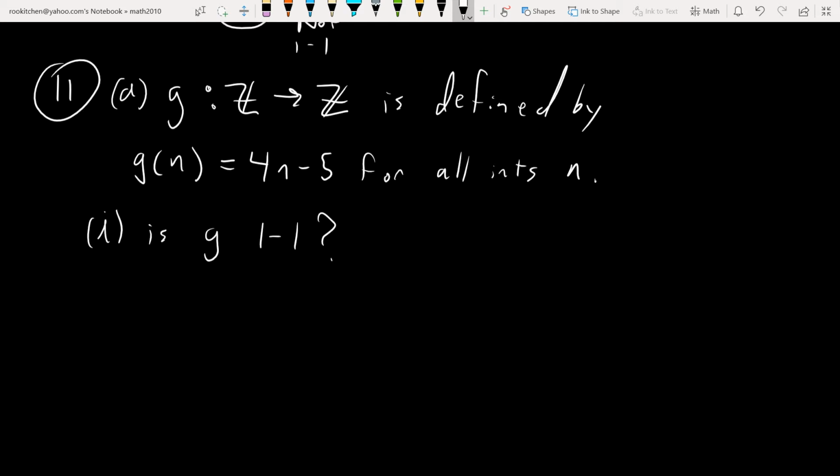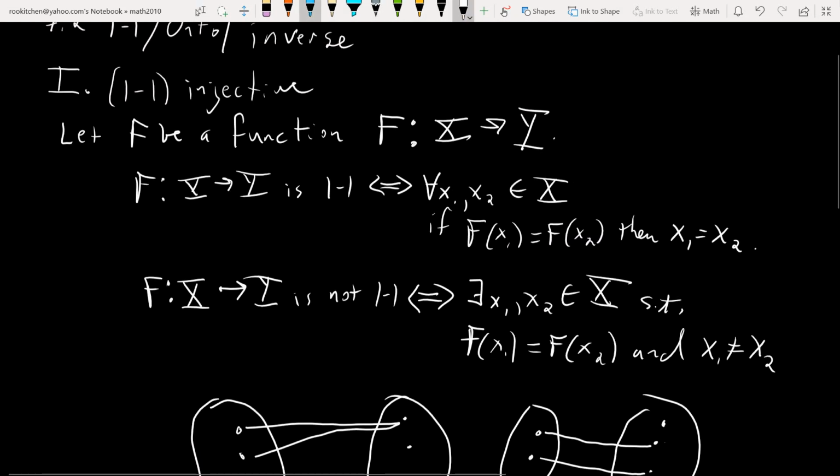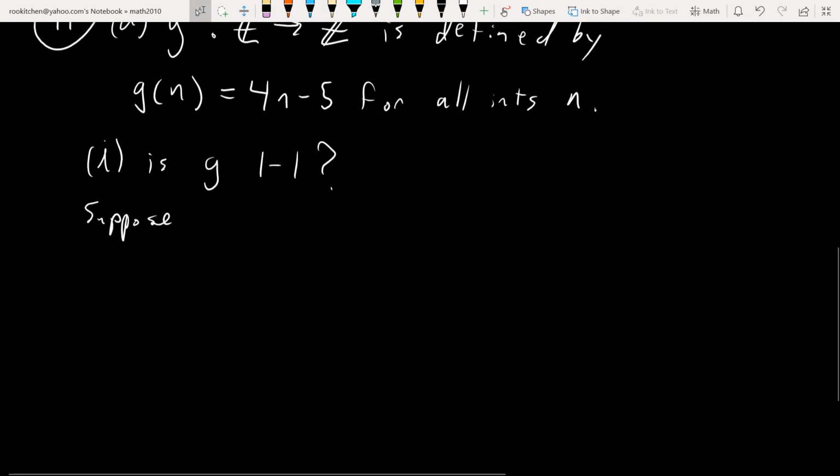So what do we do? We're going to suppose. Going back to our working definition, on the right part of it, we want to suppose that we have picked some arbitrarily chosen values in the domain. In this case, the domain is the integers, and on top of that, we suppose that F of x1 is equal to F of x2, or in our case, g of n1 is equal to g of n2.